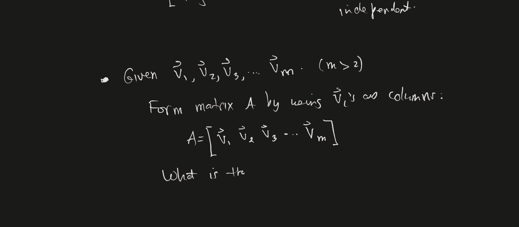What is the solution set of A x equals 0? I'll just use the typical x to represent our variables, but now it's a homogeneous system, right?